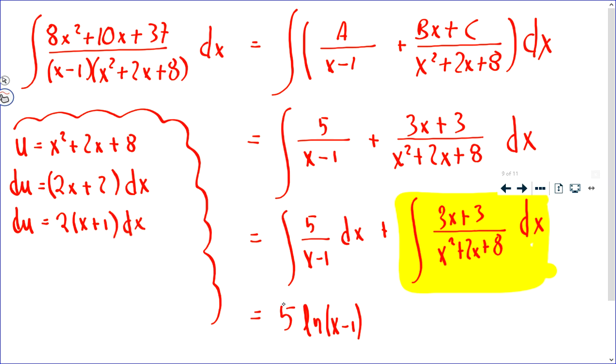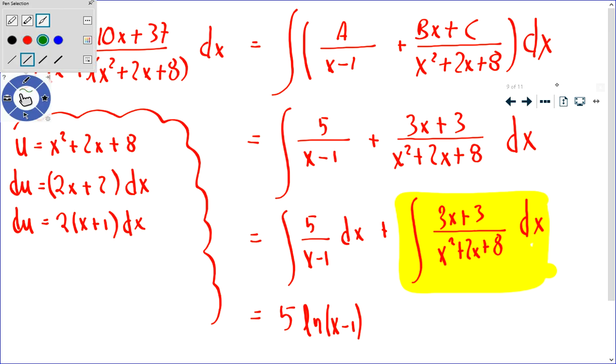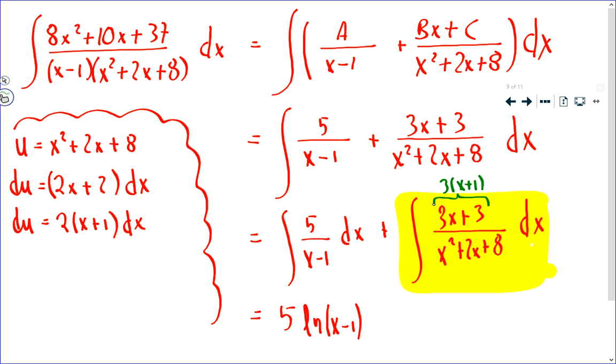And you actually have an x plus 1 dx in this integral, because the numerator of this integral is 3 times x plus 3, which is 3 multiplied by x plus 1.